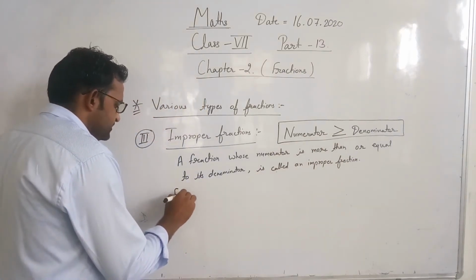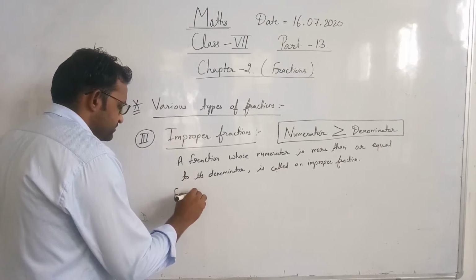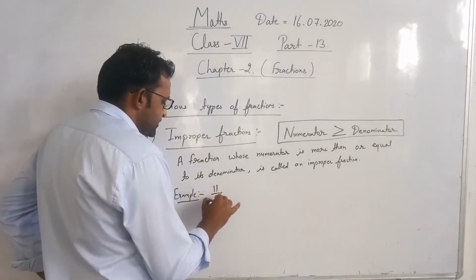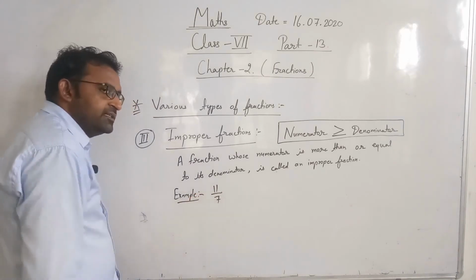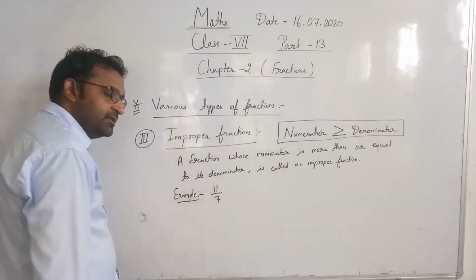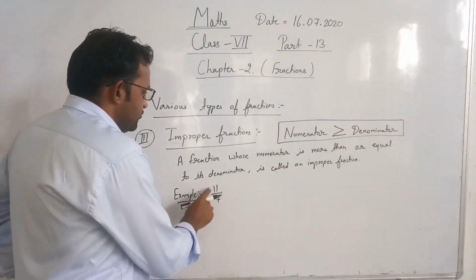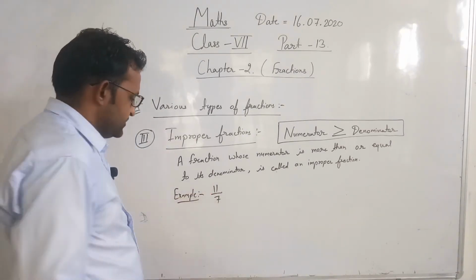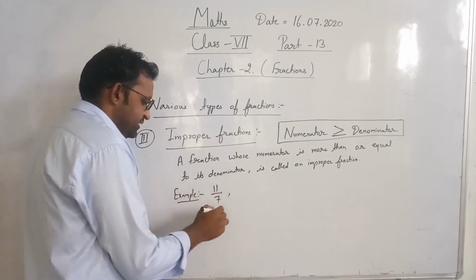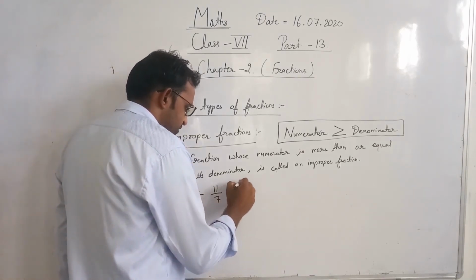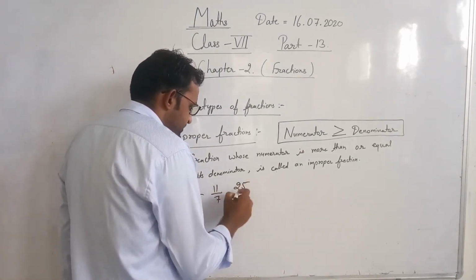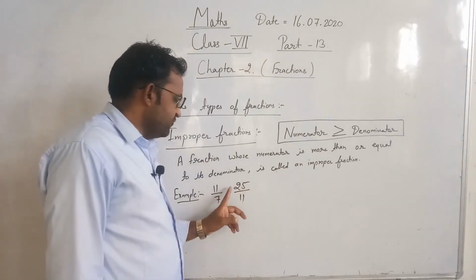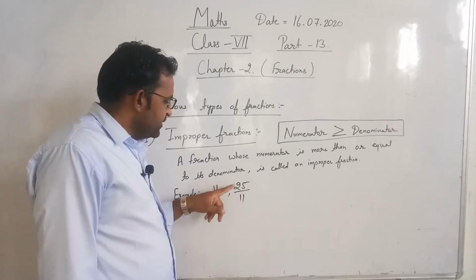For example, 11/7. The numerator is 11 and the denominator is 7. So the numerator is more than the denominator. Next example, 25/11.